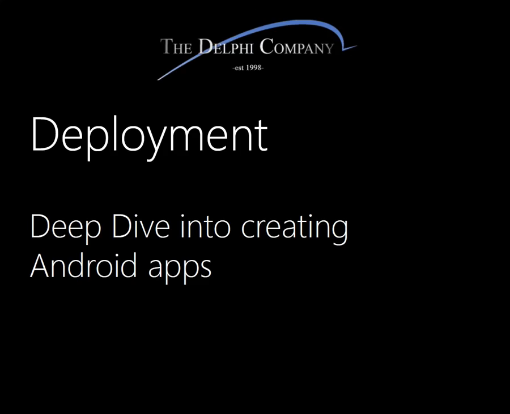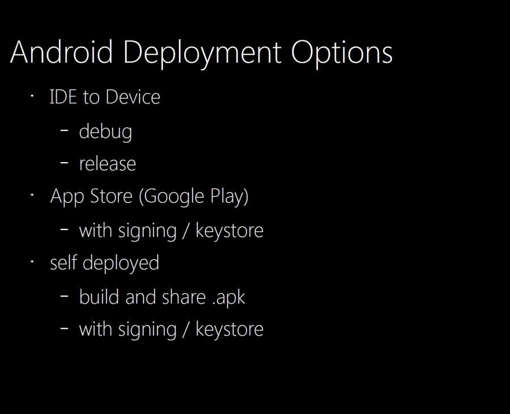And after you've been debugging your app, you want to deploy it to multiple devices. There's actually a number of choices you have for deployment. You can just deploy it to a single device with a USB connection or a TCP/IP connection, as I've shown. You can also deploy it using the App Store. In that case you have to sign your app using a self-signed certificate that you can generate from the Delphi IDE.